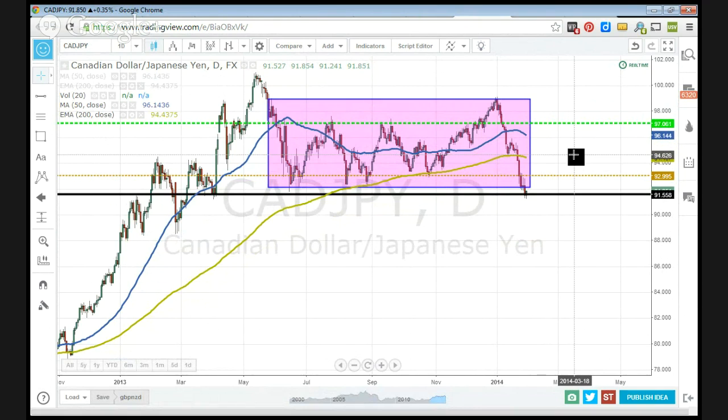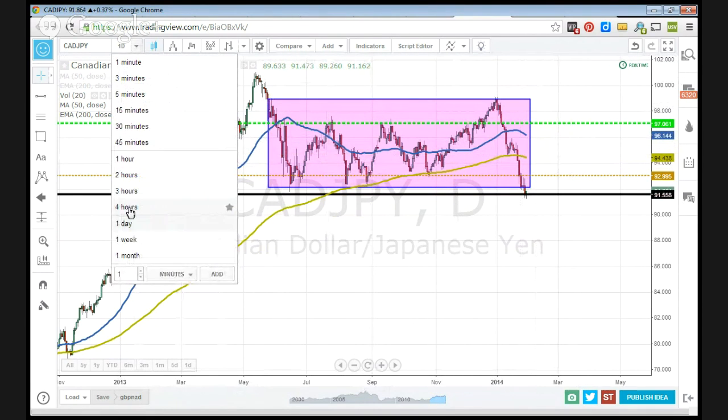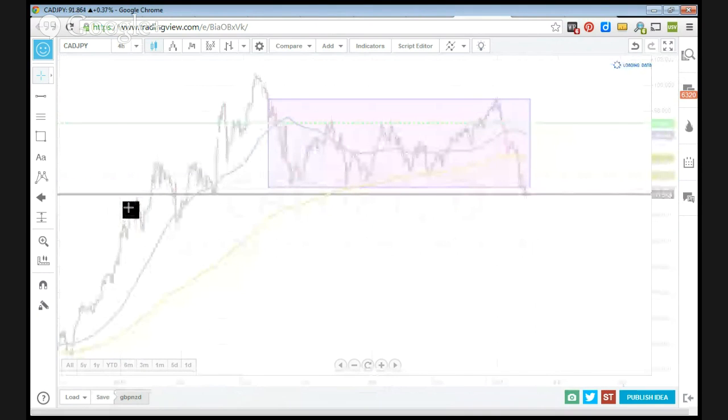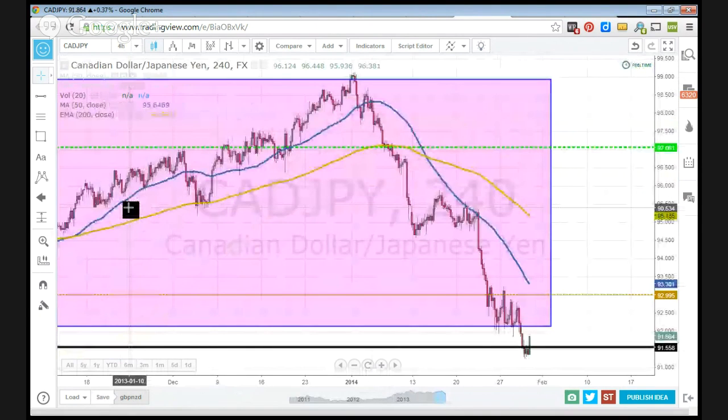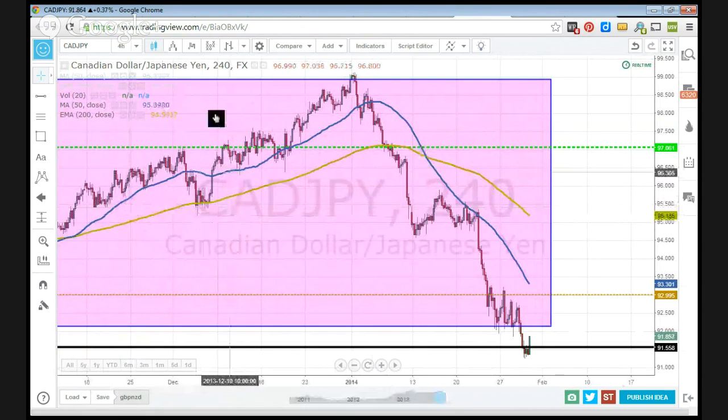Here's CAD yen, the 4-hour chart. Okay, this looks like a bit of a rally we are seeing on Canada yen.